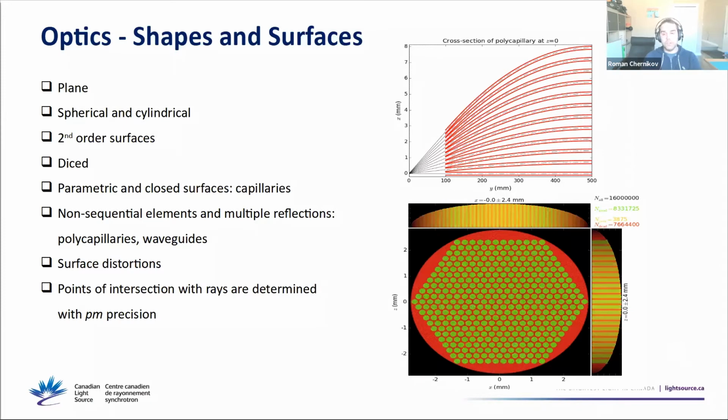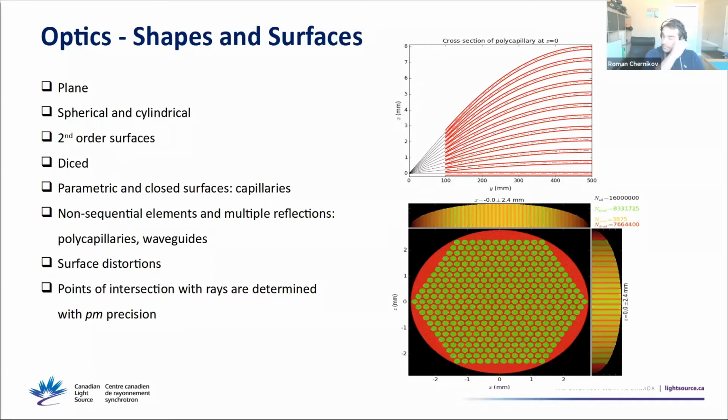reflections in a single element, like waveguides, or like in this example, it's a capillary, but it's a polycapillary, and it's a closed shape. It's cylindrical. That's really, well, I don't say hard. It's nearly impossible to simulate these things in other packages. At least I don't know how this can be done.